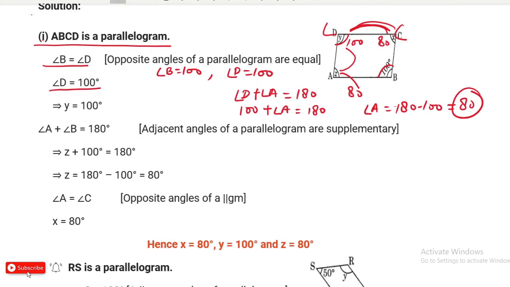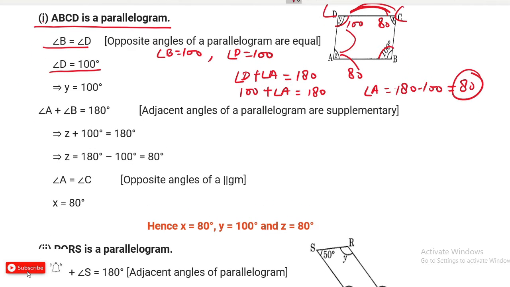Now in the question we find the value of angle Y, that is 100. Now angle A plus angle B is equal to 180. Why? Because adjacent angles of a parallelogram are supplementary.